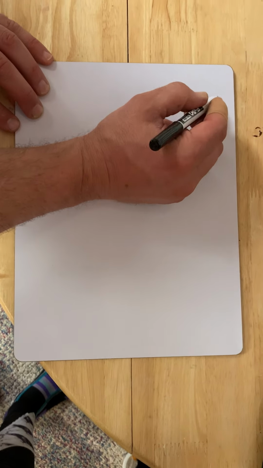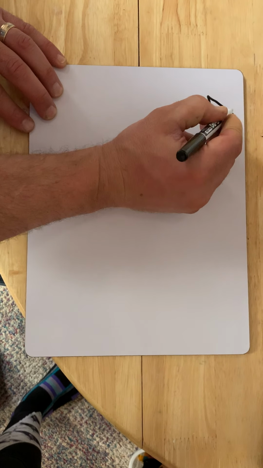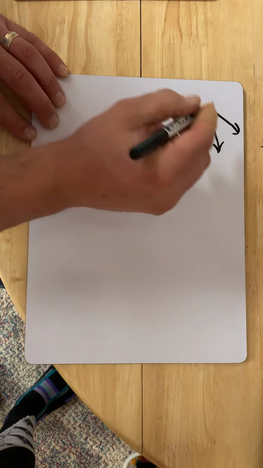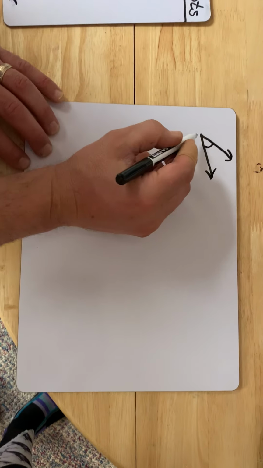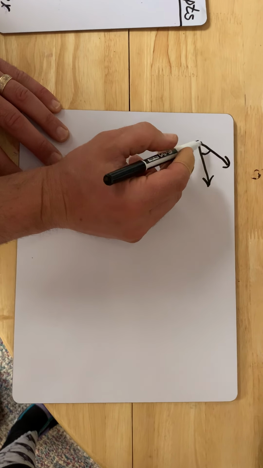What happens if I have 2 angles that share the same vertex point? Essentially, that means, what if I have 3 rays that share the same vertex point, or that share the same endpoint?